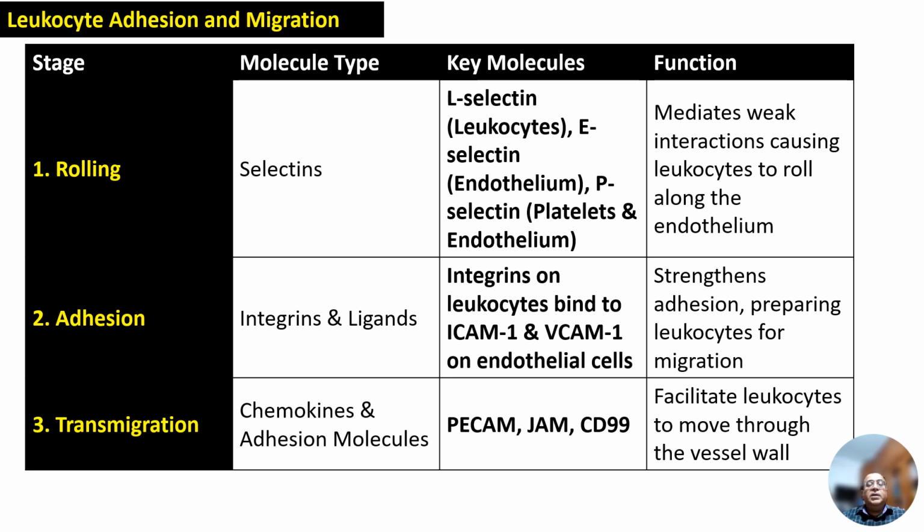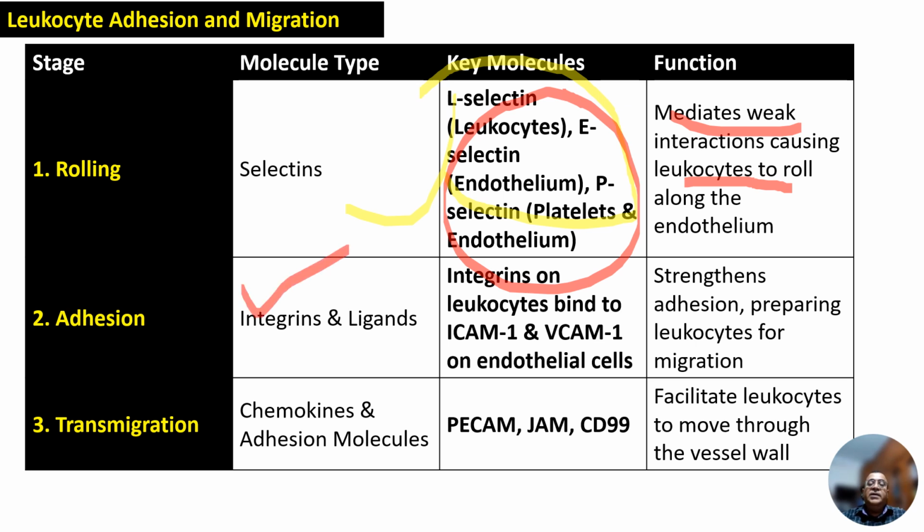So rolling is a process that is majorly influenced by the selectins. L-selectin, E-selectin, and P-selectin are the major molecules involved, and there is weak interaction between the endothelial cells and leukocyte, and these roll over the surface of the endothelium.